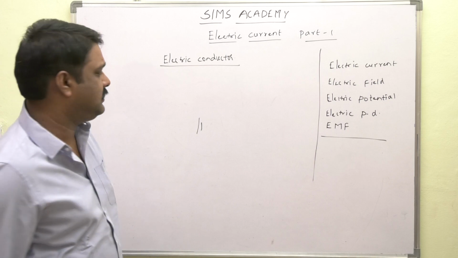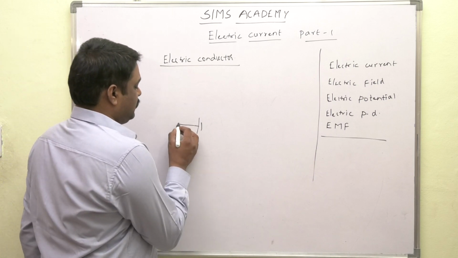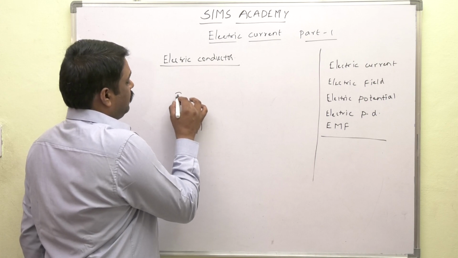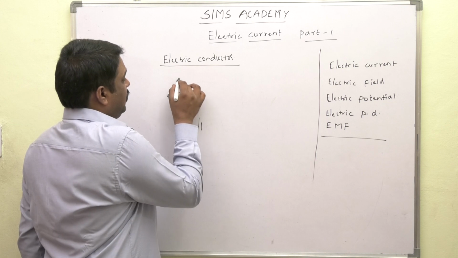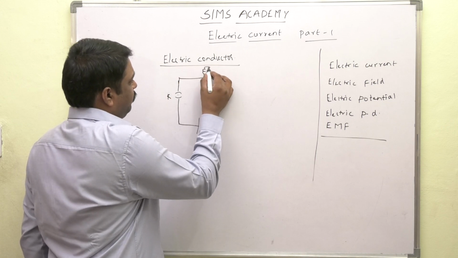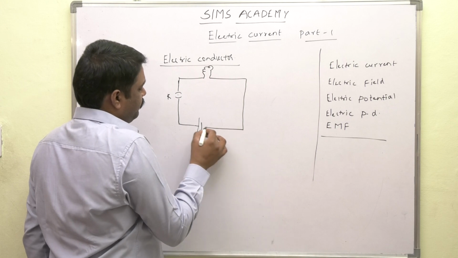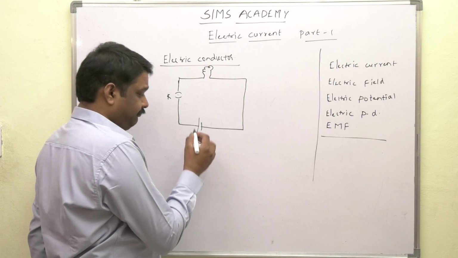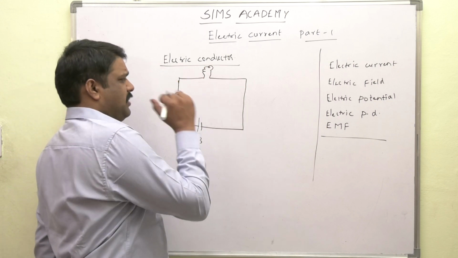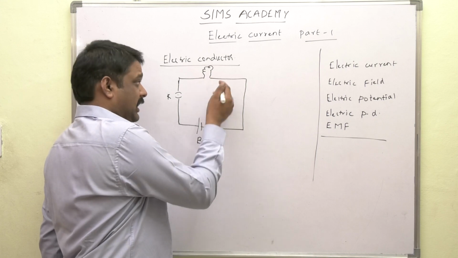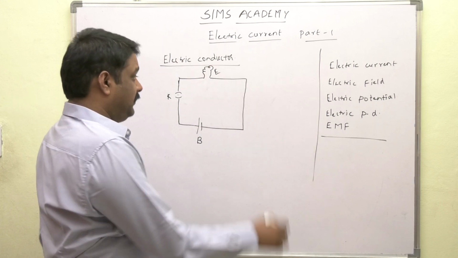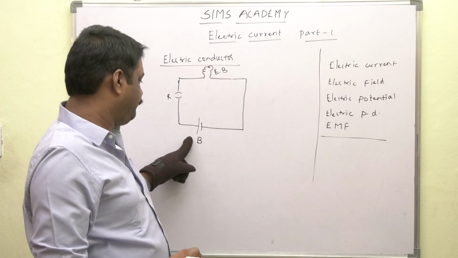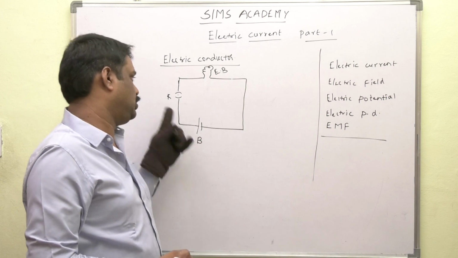Let us consider, construct a small circuit with a switch K. We have a power consumer like an electric bulb, EB. This is a battery B. Okay, this is the power consumer. This is the power source, and this is the key.